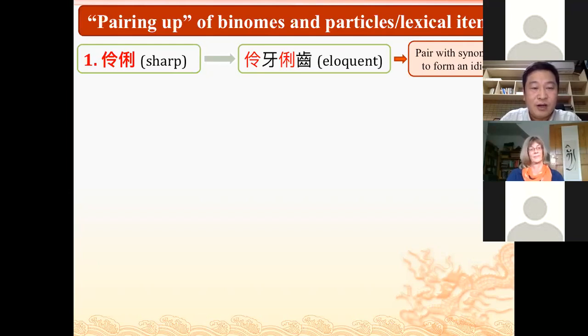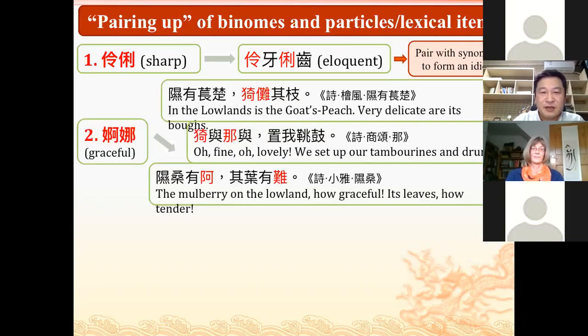For example, 伶俐, in modern Chinese we also say 伶牙俐齿, which means eloquent. 伶牙俐齿 is actually a very special use of 伶俐. They try to form another idiom based on the character 伶俐, pairing it with 牙齿 as synonyms to form an idiom.